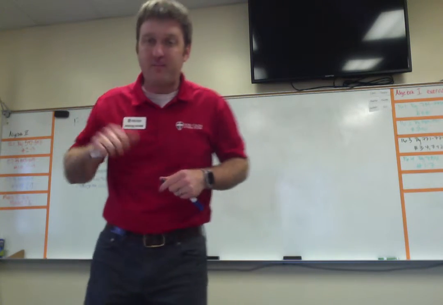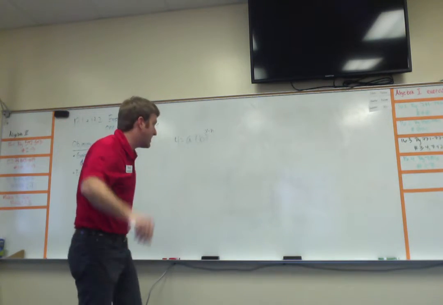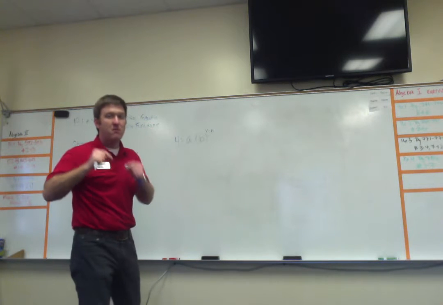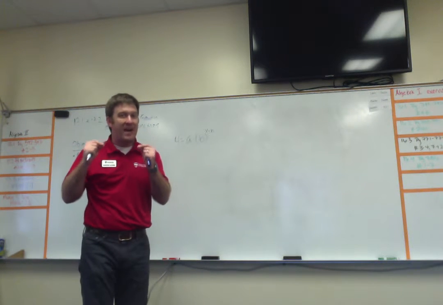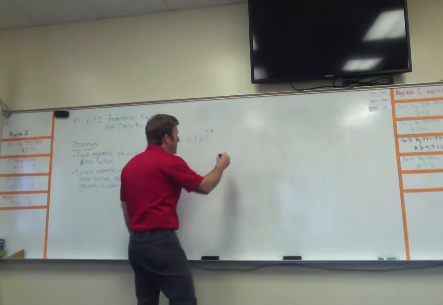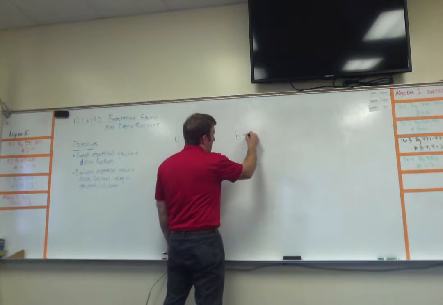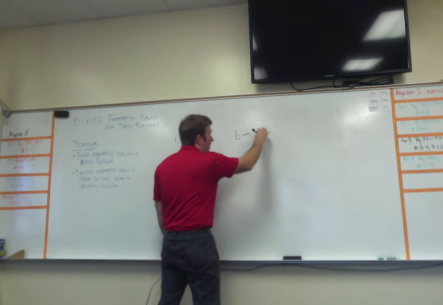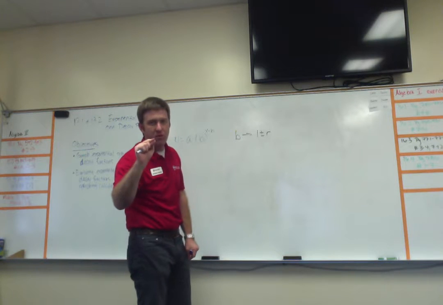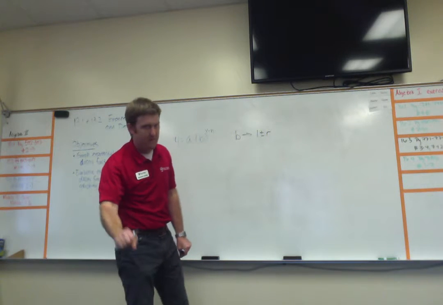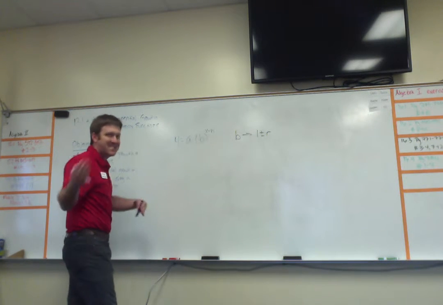So because of this, when we're dealing specifically with models for actual quantities, our b becomes 1 plus or minus r, plus or minus depending on if it's growth or decay. All right? So in this case, it's decay.